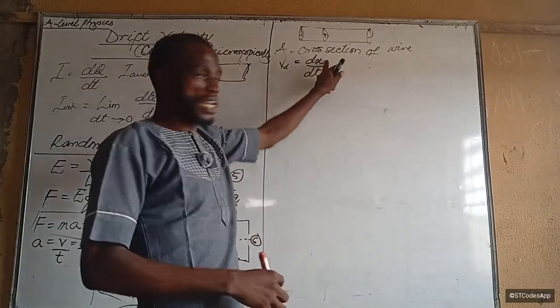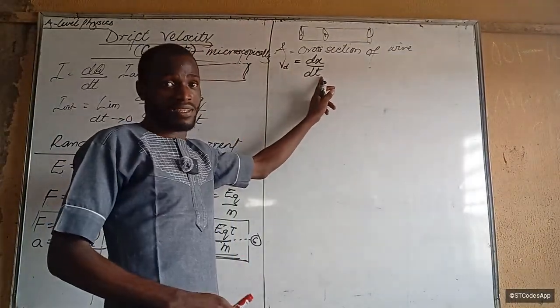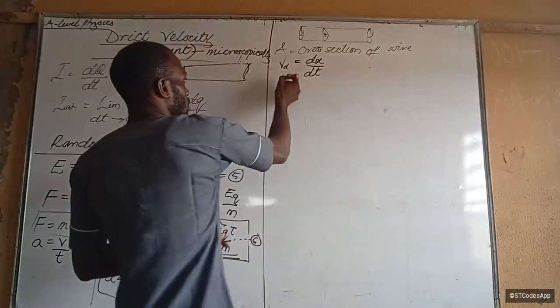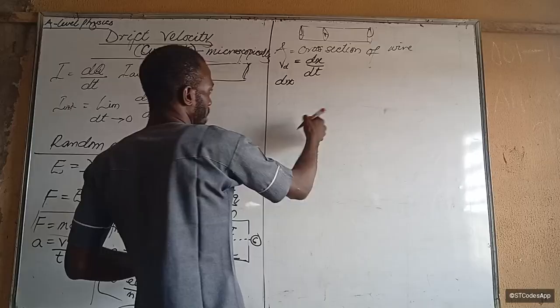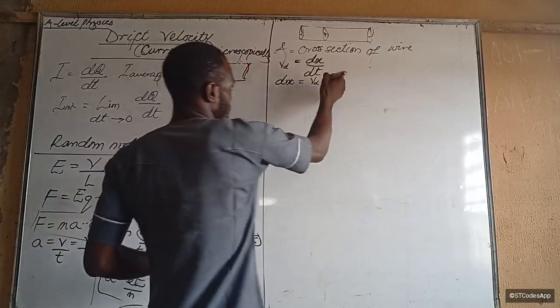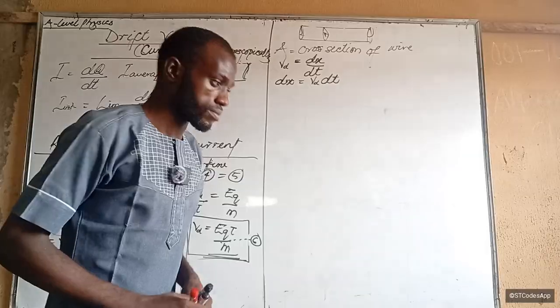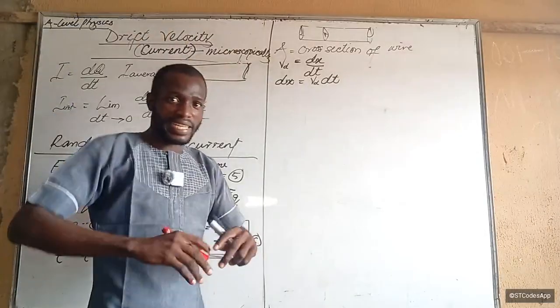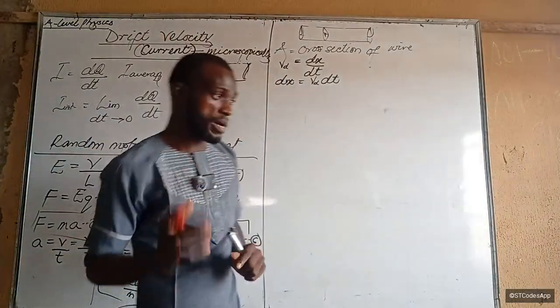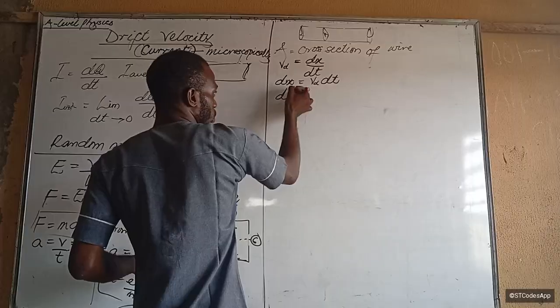So the small distance is going to be the drift velocity of each of the charge carriers times dt. Is that clear? Keep in mind I said that they are traveling in volume, moving together in volume. So that volume, we'll call it dV.